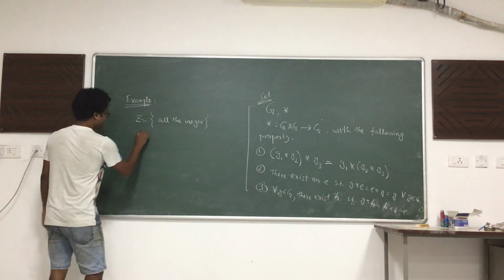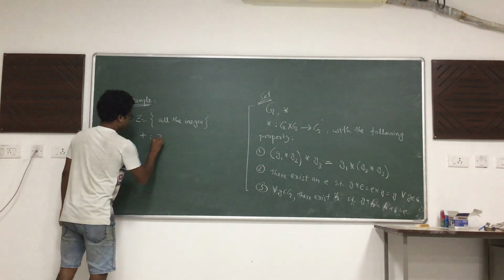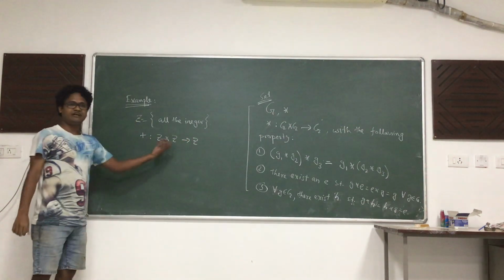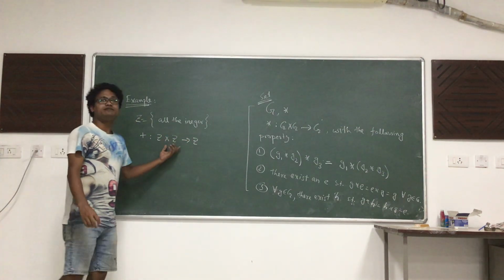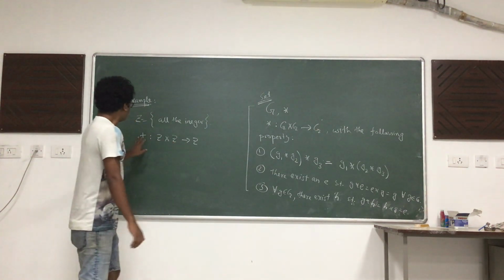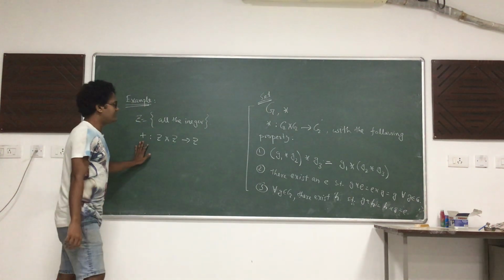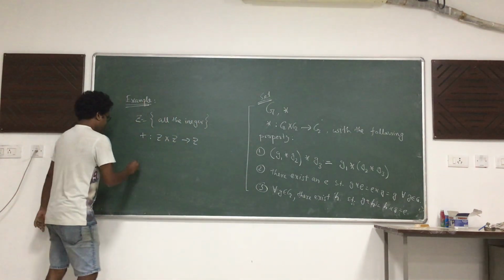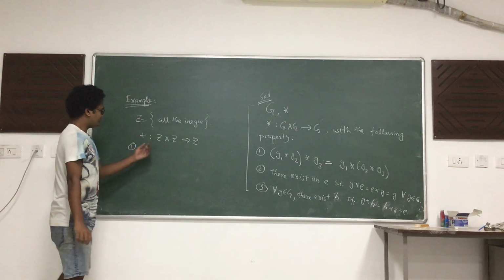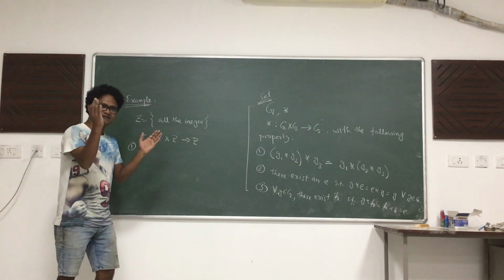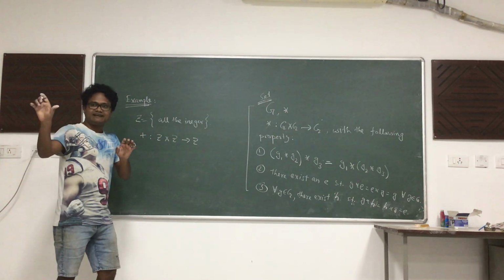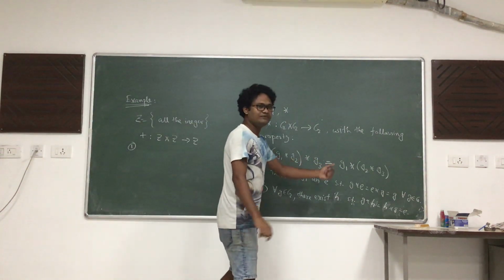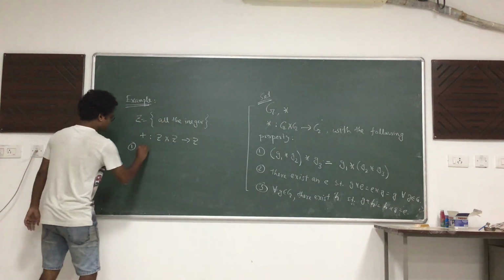So addition is a binary operation from Z cross Z to Z. So this binary operation we already have. With addition, let us check if these properties are satisfied or not. Property 1 says that if we take two numbers first, add the third, and we take the second and third, add the first, will that be the same? The answer is yes. So property 1 is checked.